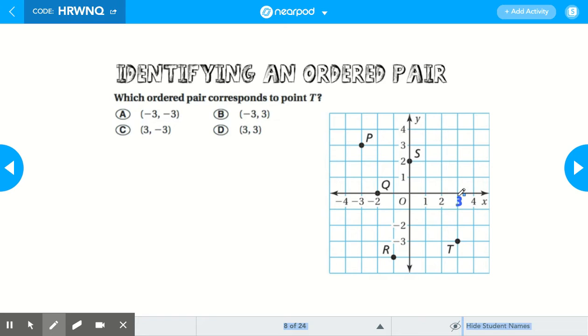This is our 3 point. And then we would go down or up. Since it's down, we just count 1, 2, 3. So that means this ordered pair is 3, 3. That makes our answer D. So it's that simple. It's the same thing we've been doing in the past, except now we are doing it with positives and negatives as well.